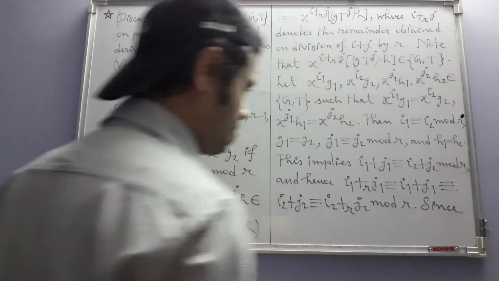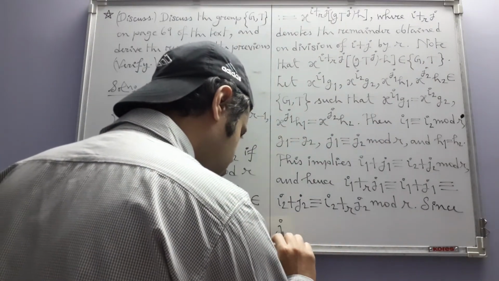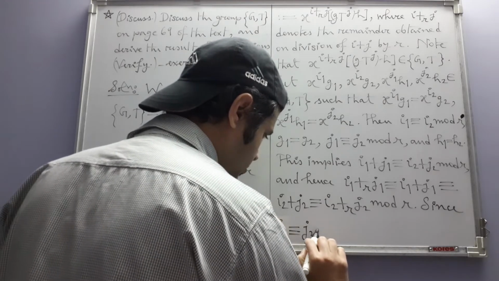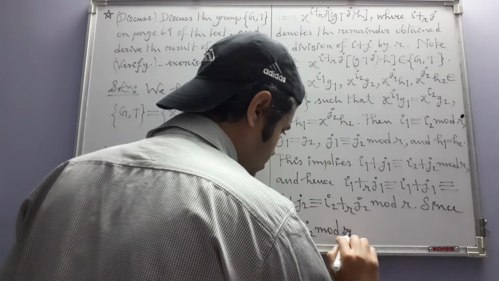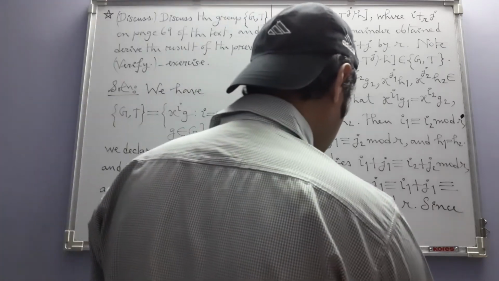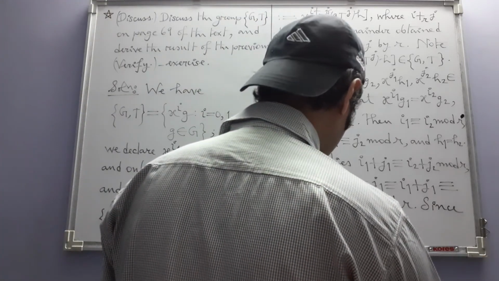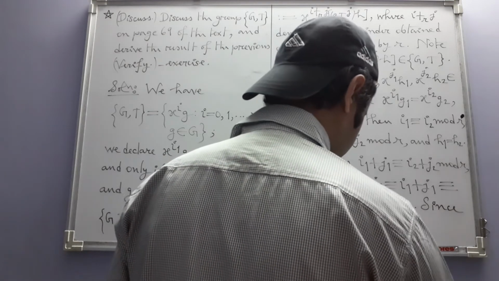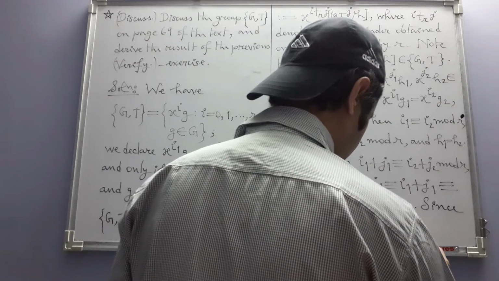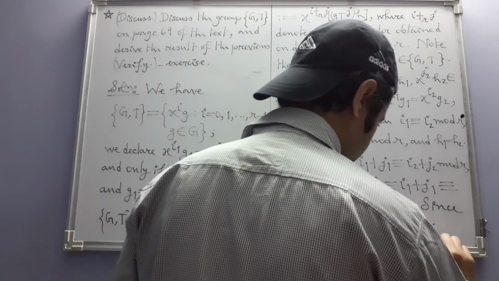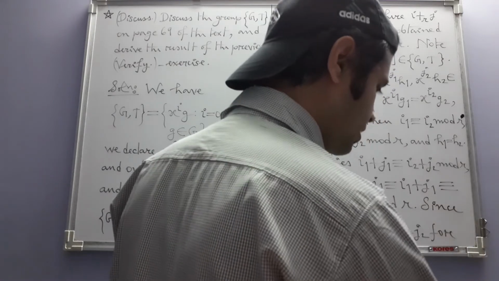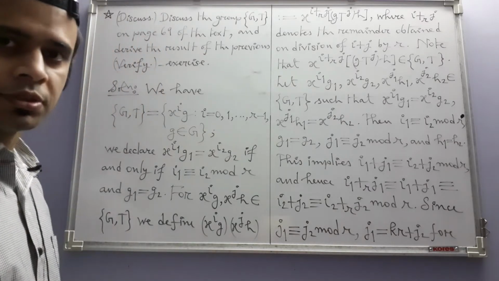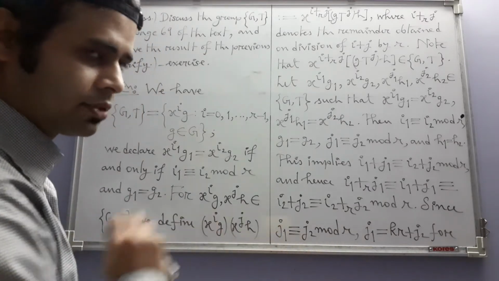Since j1 is congruent to j2 mod r, j1 is equal to kr plus j2 for some integer k, because then j1 minus j2 is divisible by r, and that's why we have this congruence.